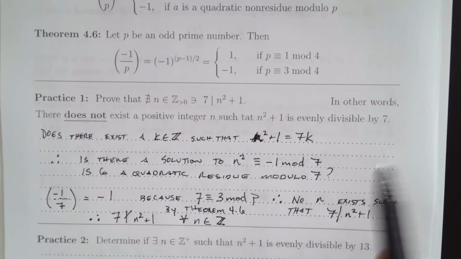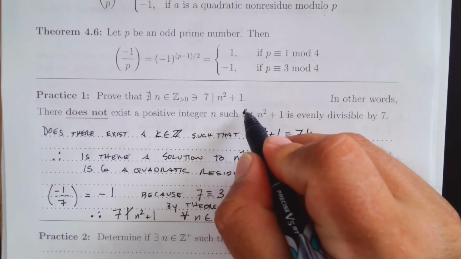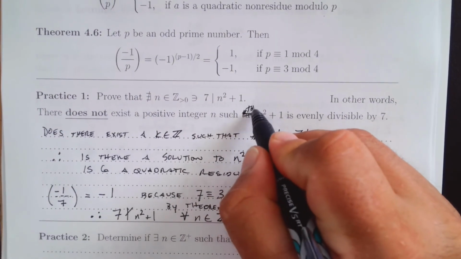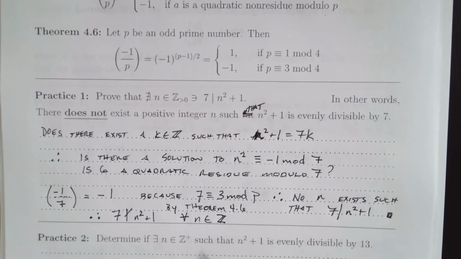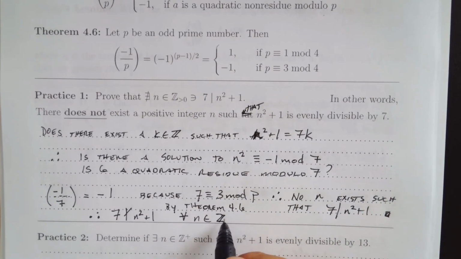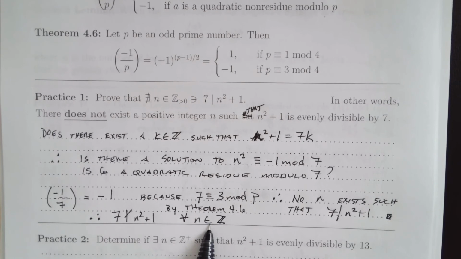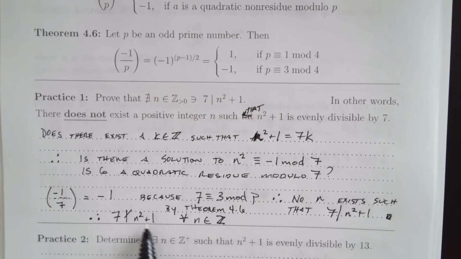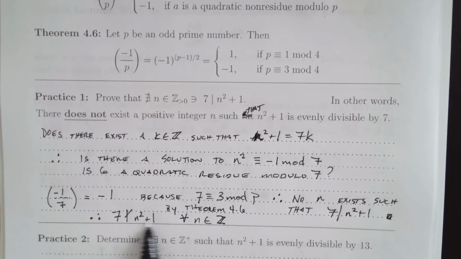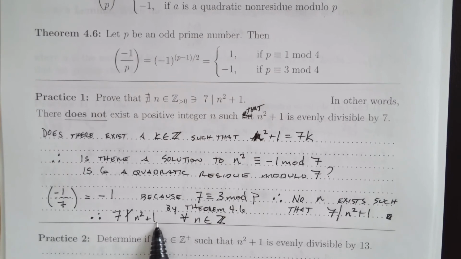And really we could expand this beyond the positive integers, but this is the idea, that there does not exist any n where 7 will evenly divide n squared plus 1.